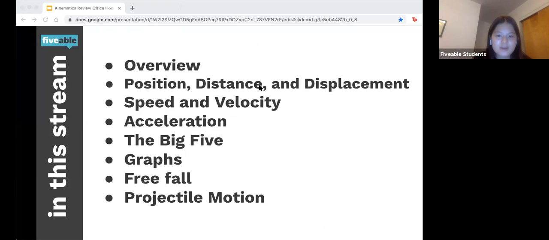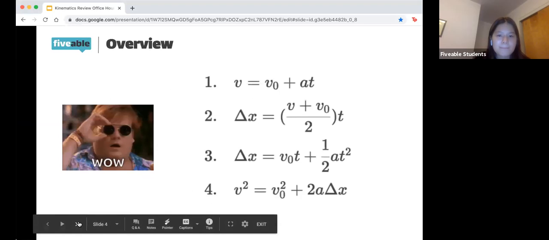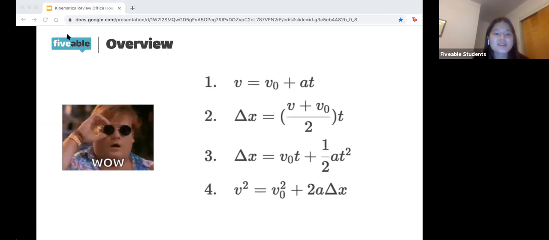All right, so let's do an overview. We're going to explore dynamics and movement. We're going to explore the necessary equations, as you can see, the big 5. Big 4, I should say. There is actually a 5th equation, but on the AP Physics exam, you will mainly just be given these 4, and it's good to memorize them, so it makes your life easier because you can get through the questions faster.